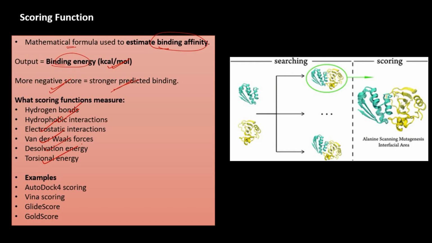With the help of a scoring function, we easily find all these energies. And there are different scoring values like AutoDock scoring, Vina scoring, Glide score, or GOLD score, CHEMPLP GOLD score, etc. These are the different scoring values which we estimate after performing the molecular docking.